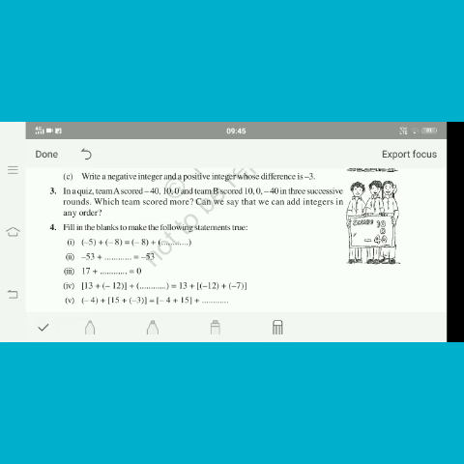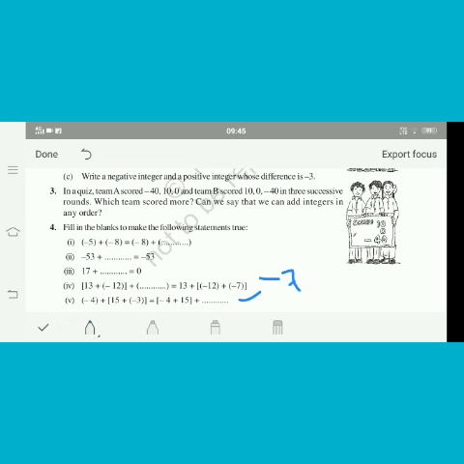So for question number 4, the property which we will use is the associative property. The left hand side should be equal to the right hand side. So if the answer is written on the right hand side, the same number should be on the left hand side, and the same number should be on the right hand side. In this case it's very easy, it's just minus 7.